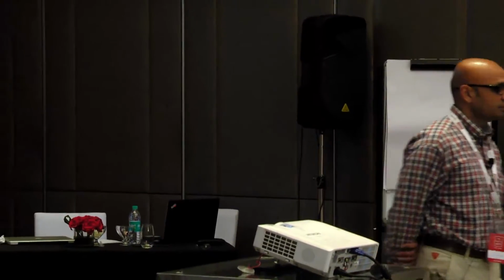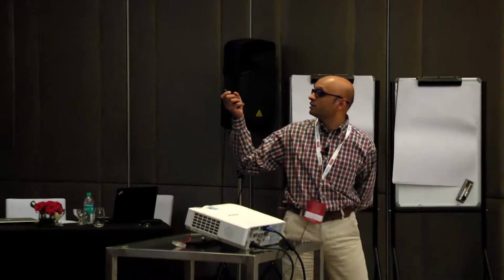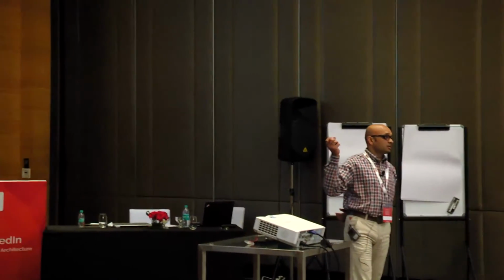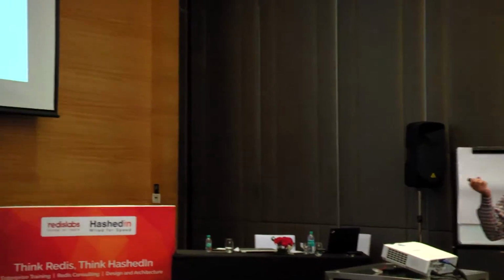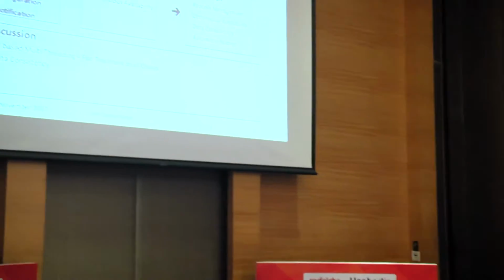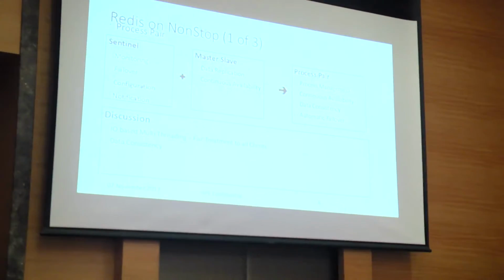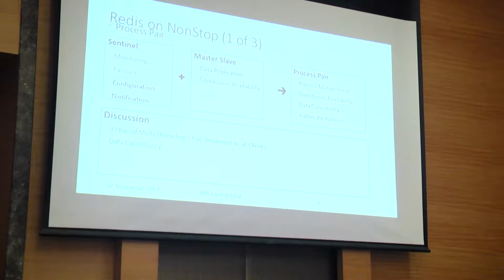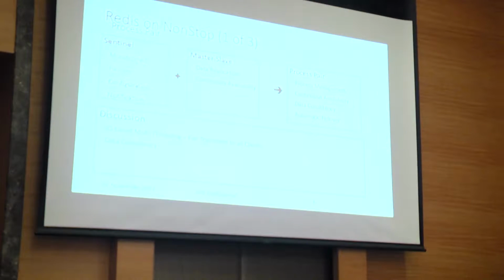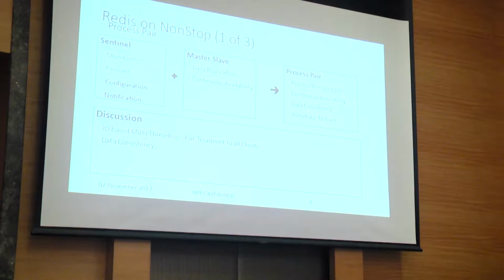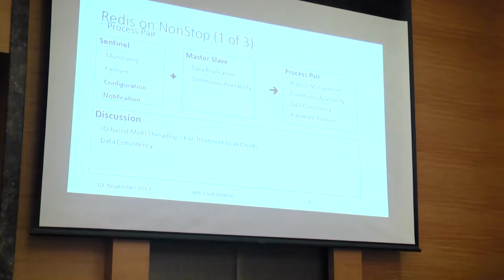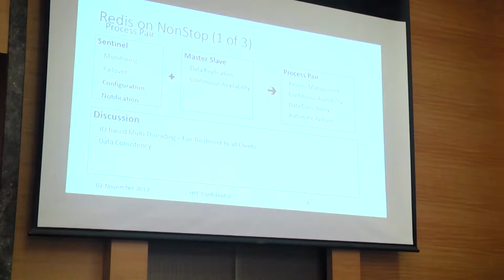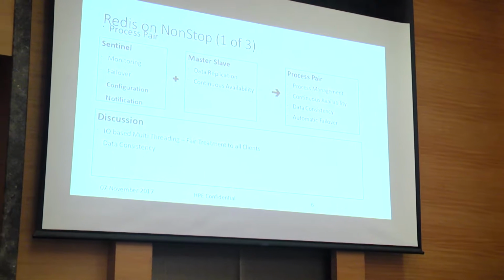You are all aware of what Sentinel does and what the master-slave configuration does. We took the end goal of Sentinel and master-slave, and converted that to a platform-specific technology called a process pair.